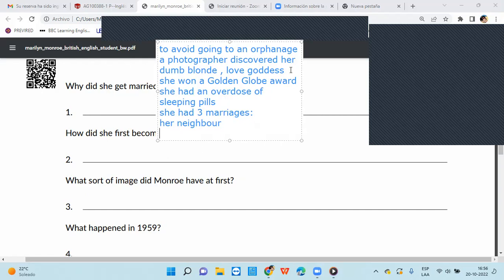Do you know his name? Does anybody remember that? Because he was quite famous. Her second husband's name, who was a very famous baseball player? Joe DiMaggio. And her third husband? A director?